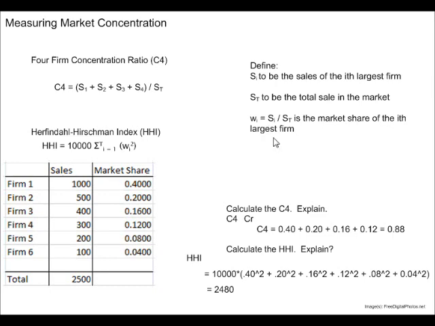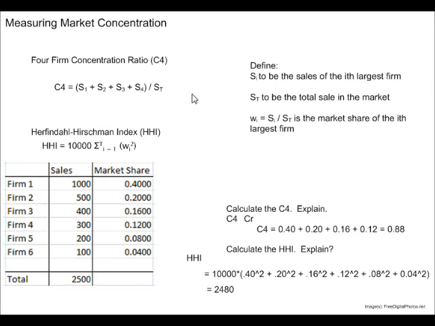What percentage of total sales come from a given firm? And again, we could rewrite this C4 as W1 plus W2 plus W3 plus W4. The C4 is a really simple measure. It just simply tells us what percentage of sales come from the top four firms.